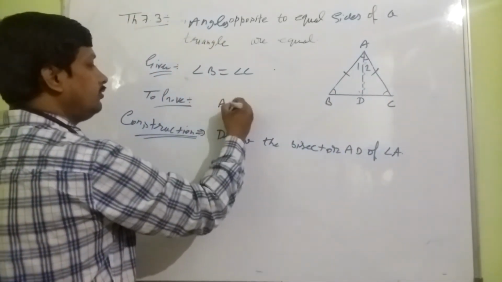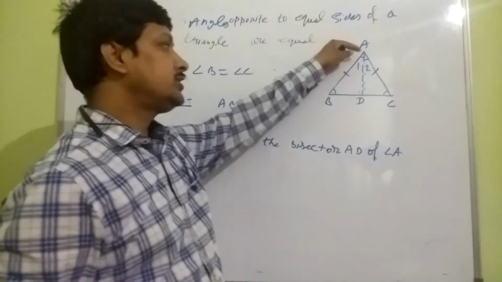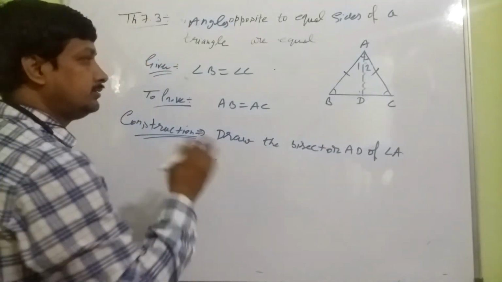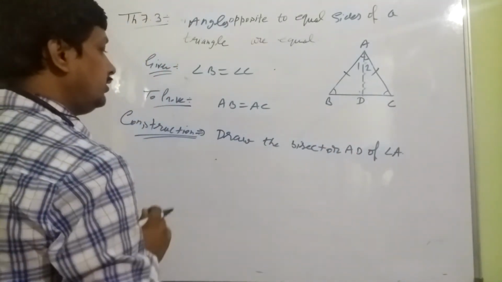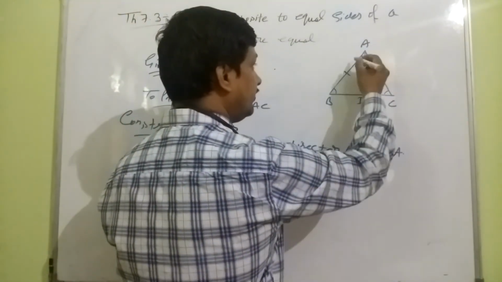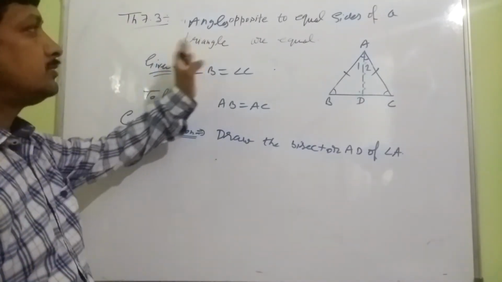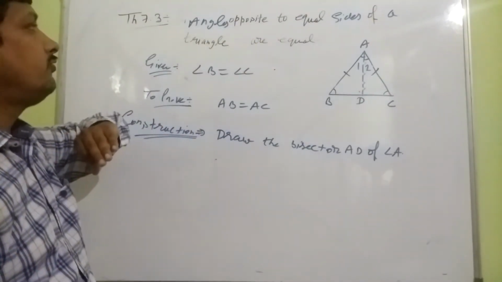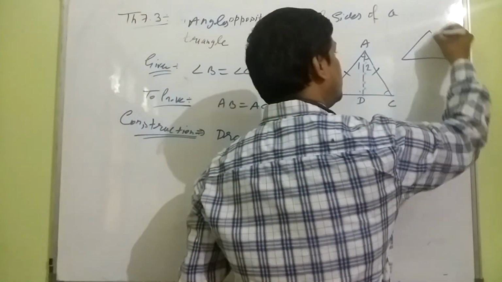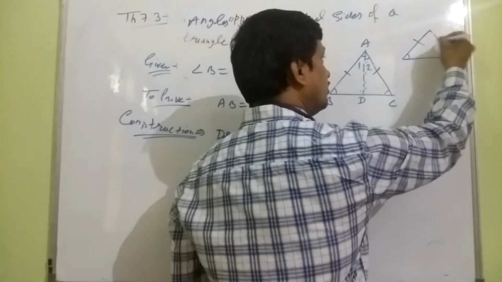So we have to prove AB equals AC. In this also we will do the same construction, which is why I did not erase the figure. We will draw the bisector AD of angle A. One more time I will explain: if we have a triangle and its two angles are equal, then its opposite sides will also be equal.